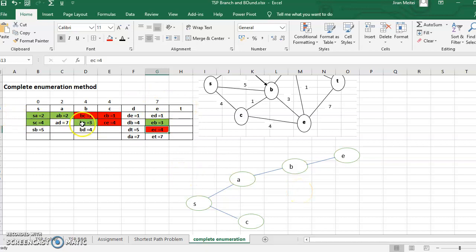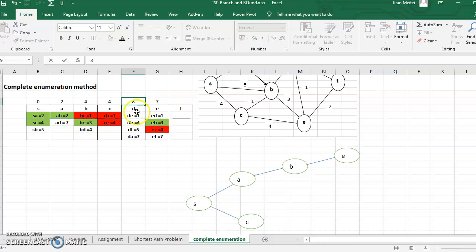So if you go from A to D is 9, if you go from B to D it's 8, from E to D also it's 8. A to D is 9, and this is 8, I think.